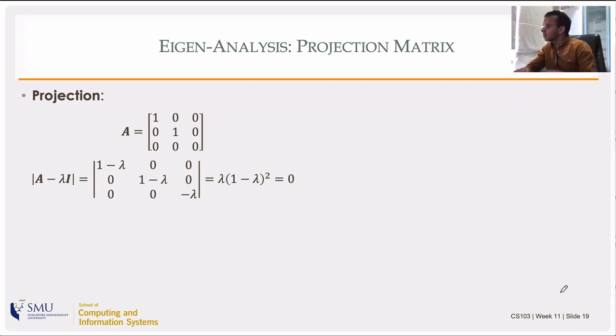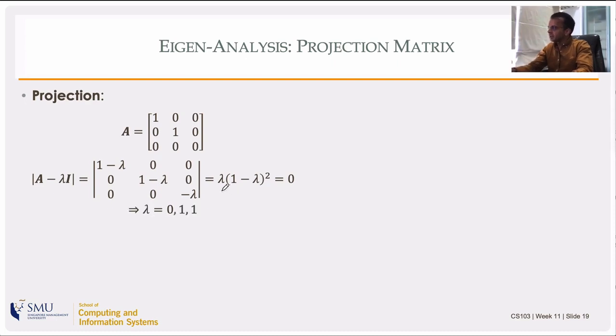It's a diagonal matrix. And if I subtract lambda I from it, I would be subtracting lambda from the diagonal elements. So I get 1 minus lambda, and minus lambda. And if I take the determinant, that would be just the product of the diagonal elements because everything else is 0. So I get lambda times (1 minus lambda) squared equal to 0.